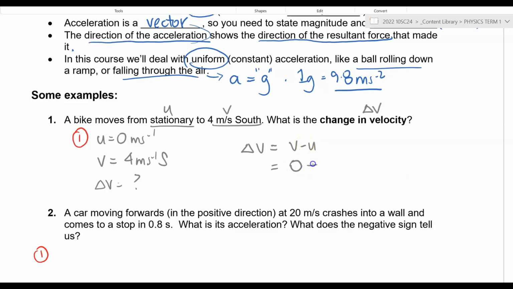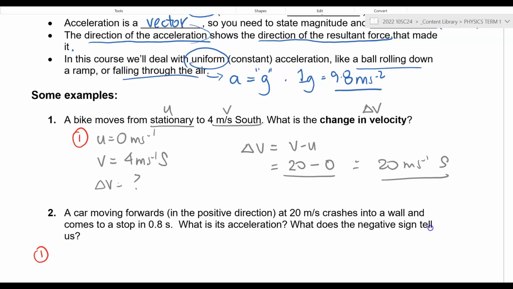Okay, sorry, v, yeah, my bad. v take u. Our final velocity is 20. Initial velocity was 0, so it's 20 meters per second, and because it's positive there, we call it south. Okay, v take u. All right, that one's easy.